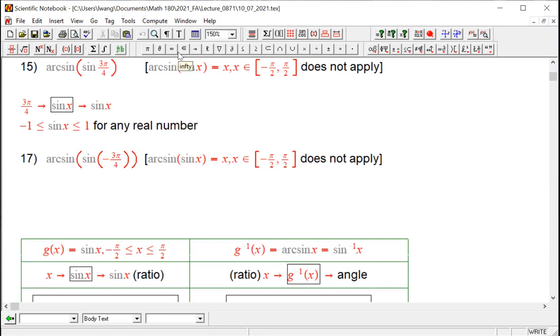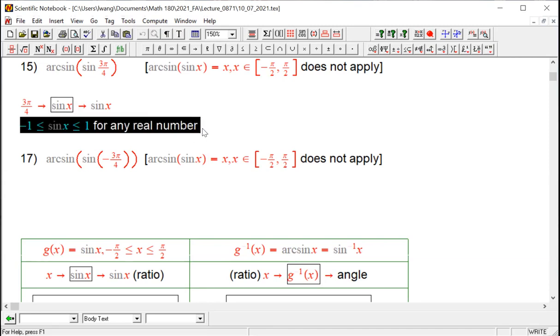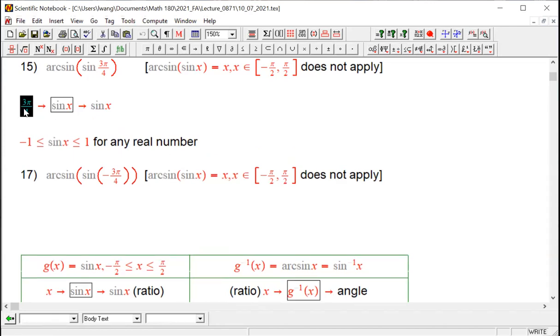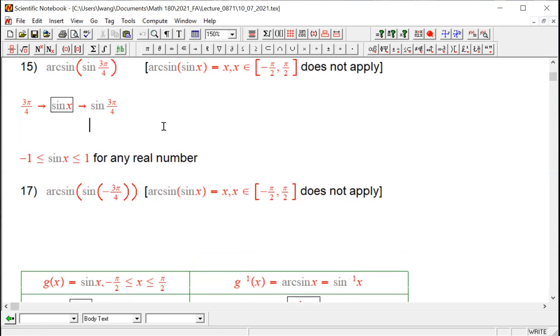This is always true for any real number. Remember that one sentence statement, domain and range? One sentence domain range. So this is always true. And of course, there's no difference once 3 pi over 4 is the input. So this quantity is guaranteed in the range of -1 and 1.